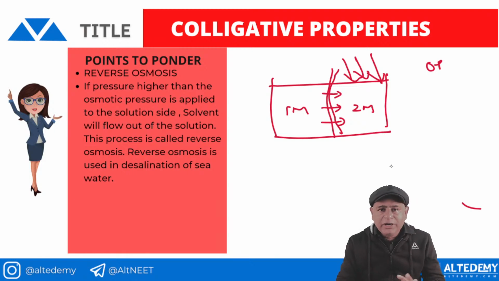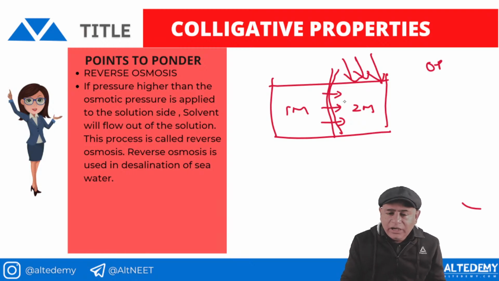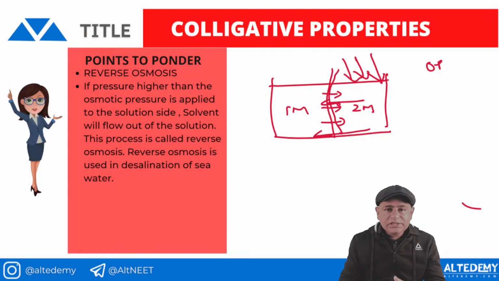A reverse phenomenon will start occurring. Liquid will start flowing in the opposite direction, from this direction to this direction. This is called reverse osmosis. If pressure higher than the osmotic pressure is applied to the higher concentration solution side, solvent will flow out of the solution. This process is called reverse osmosis.